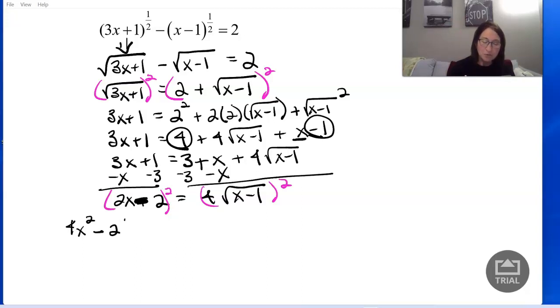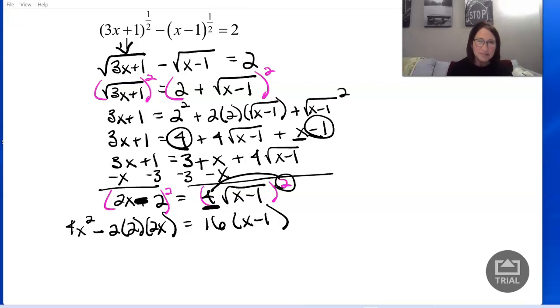Minus 2 times each of those terms, so 2 and 2x. I always put my x terms second. All right, equals 16 times x minus 1. I had to take this 4 and apply that power of 2. That's where the 16 came from. And then I apply that power of 2 to that radical, and my radicand slips out.